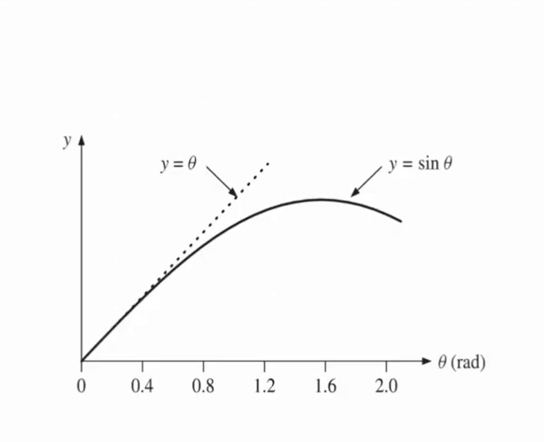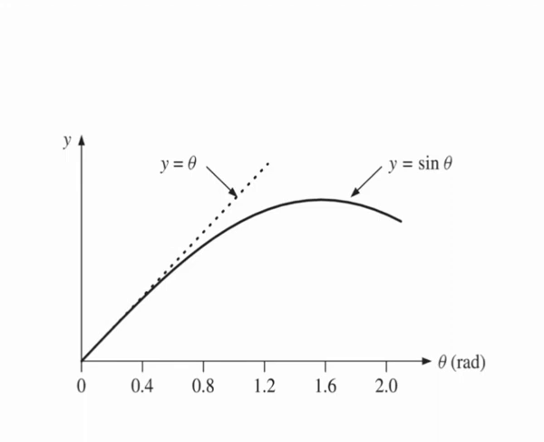We can see this directly by plotting the functions y is equal to sine theta and y is equal to theta on the same set of axes as shown. The two curves are indistinguishable for values of theta below about 1/4 of a radian.